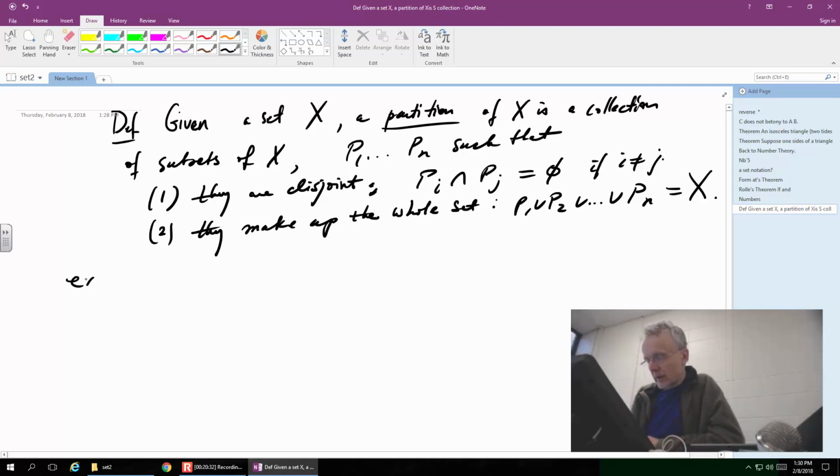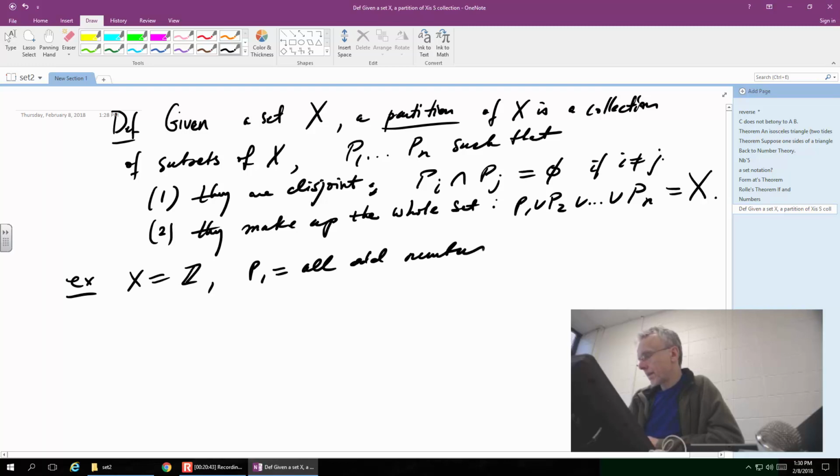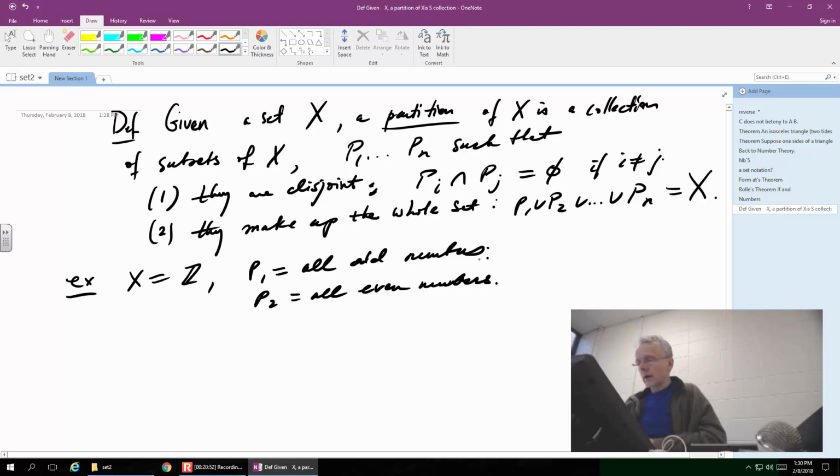Once again, example is X is equal to Z, P1 is equal to all odd numbers, P2 all even numbers. So there is no need to do anything else for the first example.